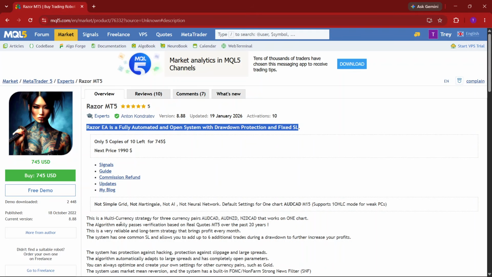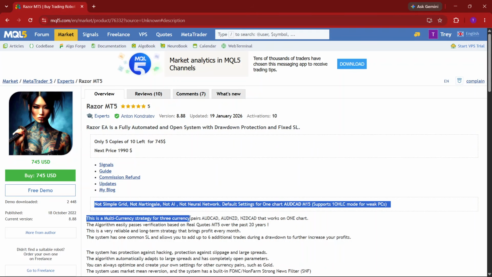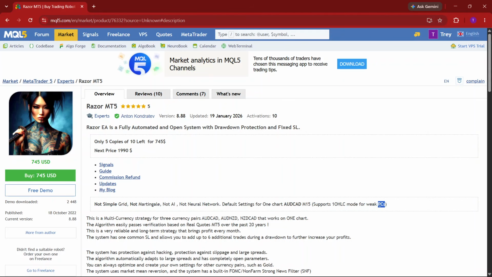I make a point of saying it's not a simple grid, non-martingale, non-AI, and non-neural network with default settings for one chart, Australian dollars, Canadian dollars, M15, and it supports a faster one open OHLC mode for weak PCs, meaning if your PC is weak or has low capabilities, you can use the 1.0 HLC mode.